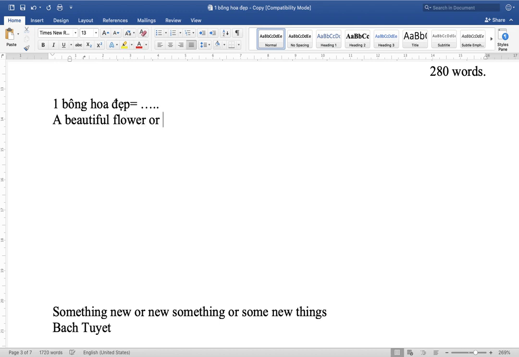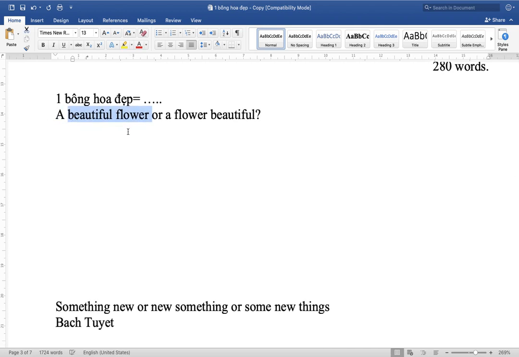Or a flower beautiful. So which one is correct? For sure, we use it in this way, a beautiful flower. But in Vietnamese, we say "mọc bông hoa đẹp," not "a beautiful mọc bông hoa." You know the reason why. We don't wonder about this, right?